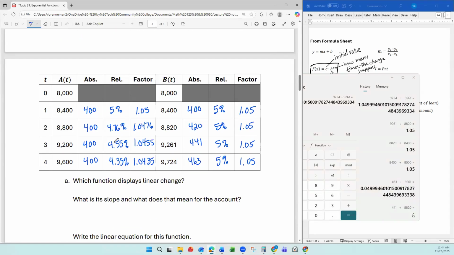All right, so the linear change is we are adding the same thing each year. That would be function A. The amount being added each year is the 400, the change in the function value for a 1 unit change in the input t. So that means $400 is added each year.